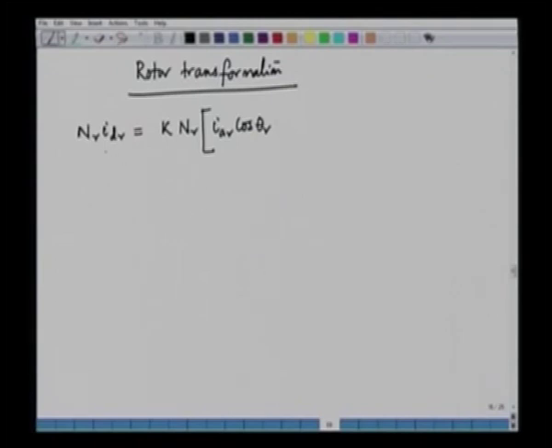That is why we have NR IDR on the left hand side. On the right hand side, we can project the MMFs of ABC onto the D axis: plus IBR cos of theta r plus 2π/3, plus ICR cos of theta r minus 2π/3.